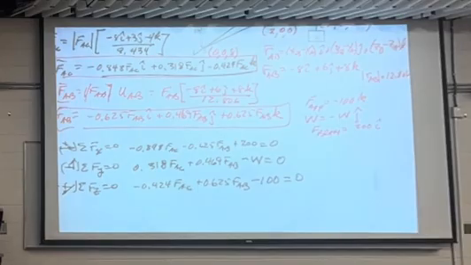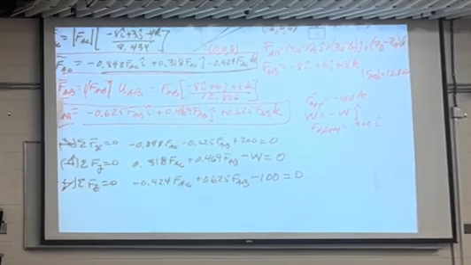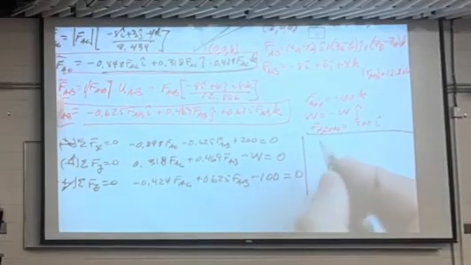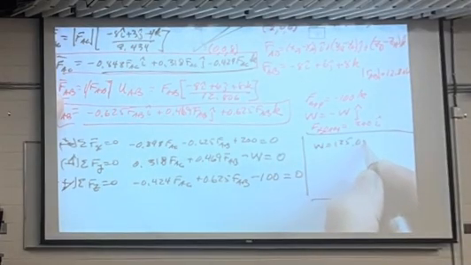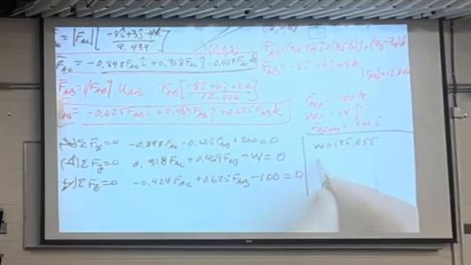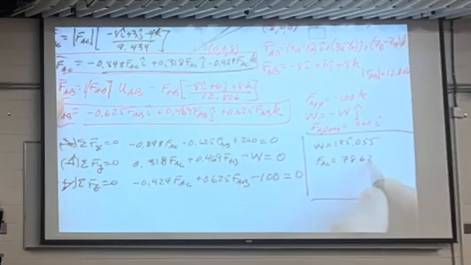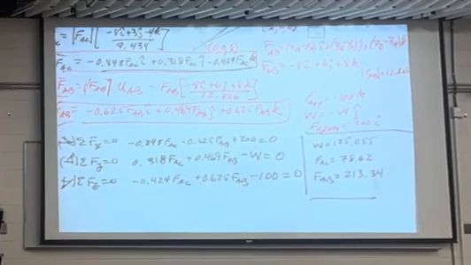If I solve, I'm going to get here W is equal to 125.055. FAC is equal to 78.62. FAB is equal to 213.34. Done.